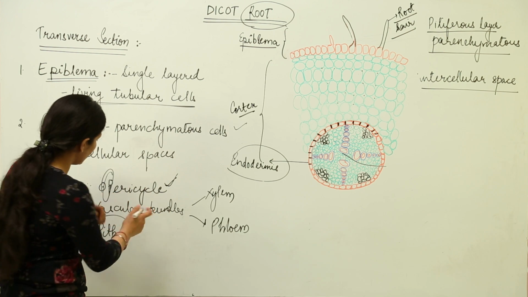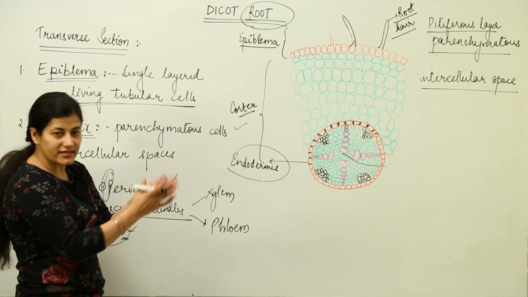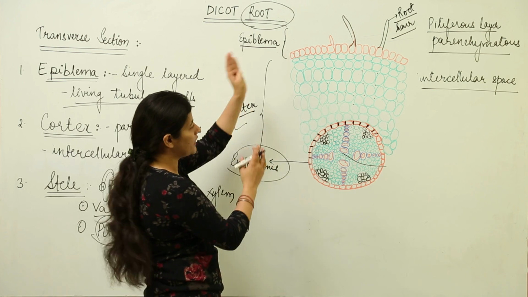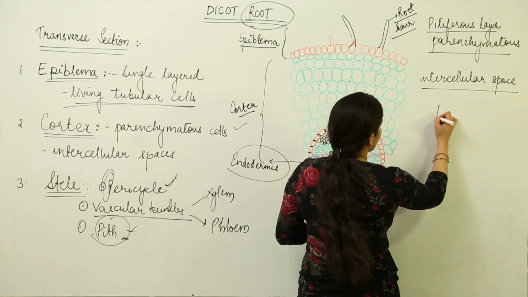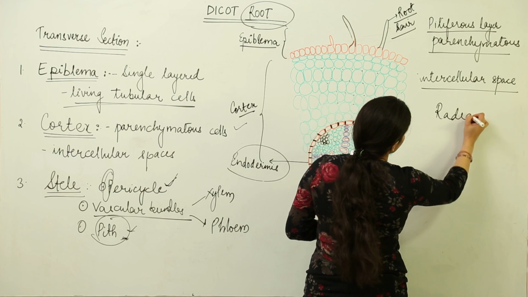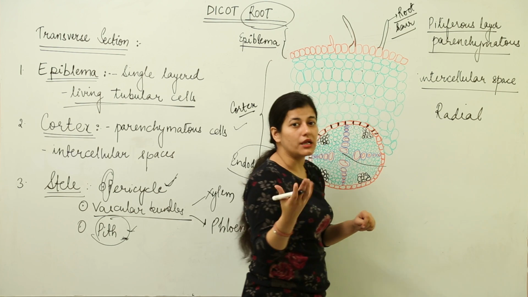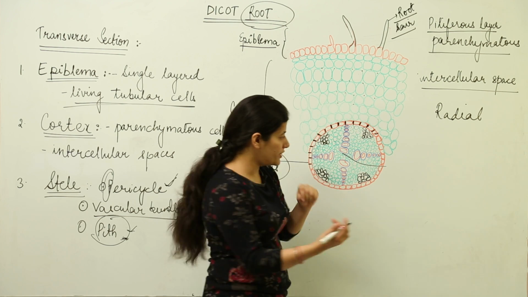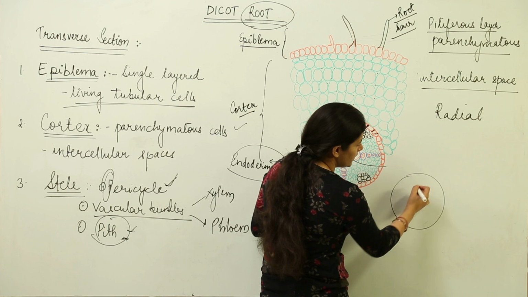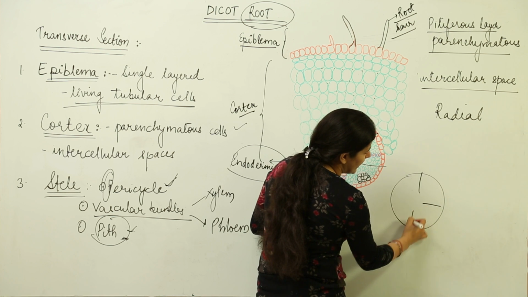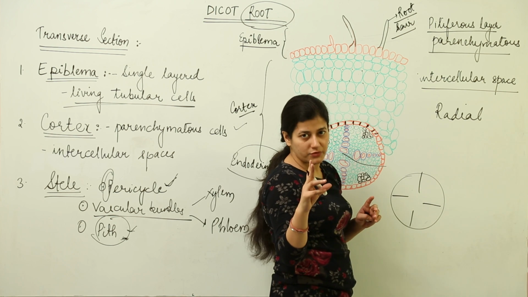After that, what we get is vascular bundles. Vascular bundles in the case of dicot root are radial. Now you have to remember these terms. Firstly, they are radial. We talked about what radial vascular bundles are in the previous class. Again I am going to repeat it: xylem and phloem are the two types of vascular bundles.